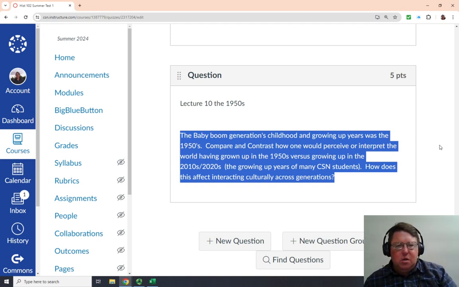From your study of the 50s, how does that compare and contrast with, say, a lot of CSN students, the younger ones, whose childhood is probably in the late 2000s, 2010s, 2020s? Like if you're 20 years old in 2024, you were born in 2004.